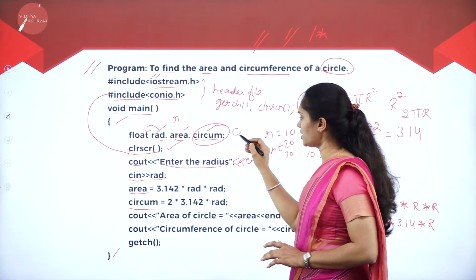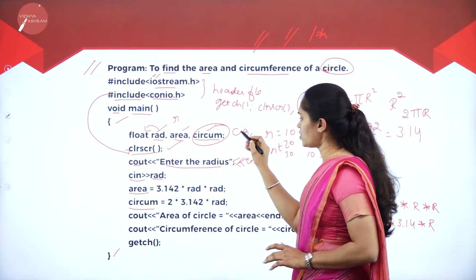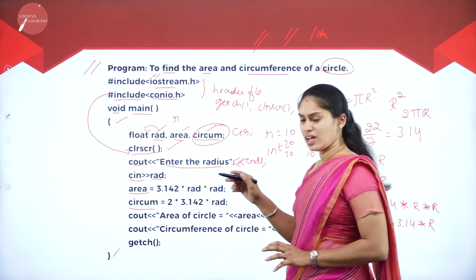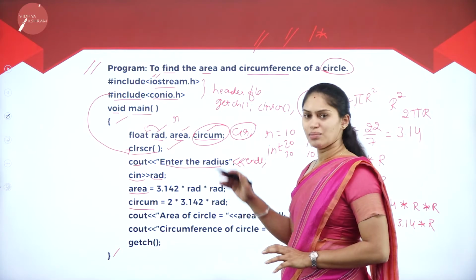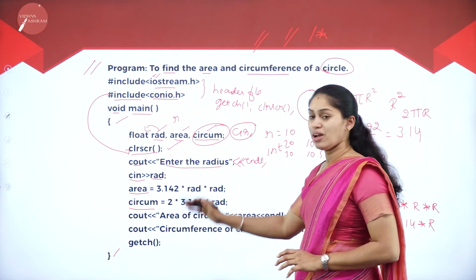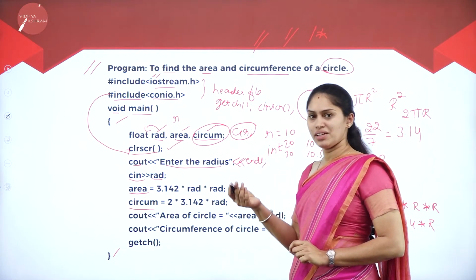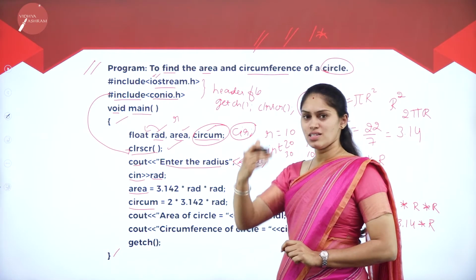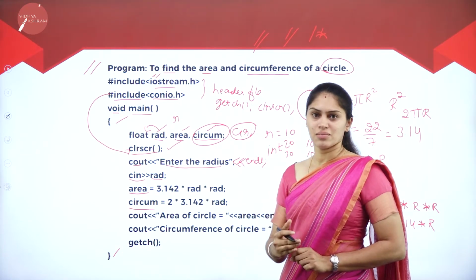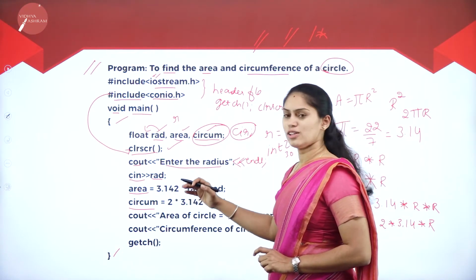Wherever I use this circumference variable in my program, it has to be the same all over the program. That only you have to remember. Already we discussed the rules to write an identifier, so it has to satisfy all those conditions.